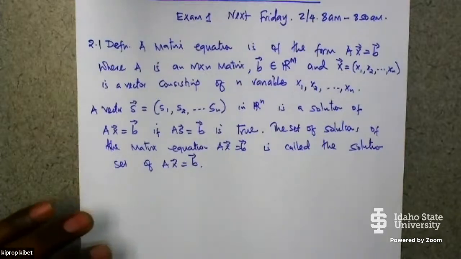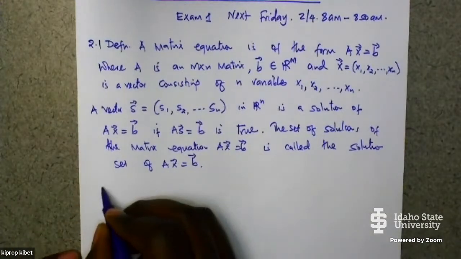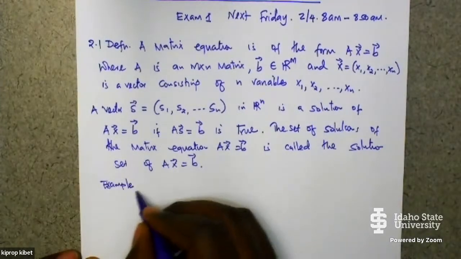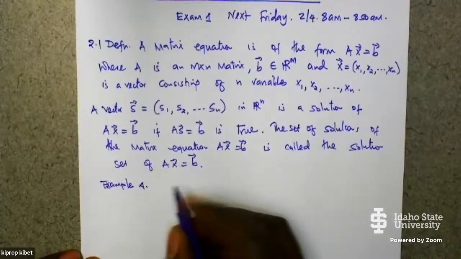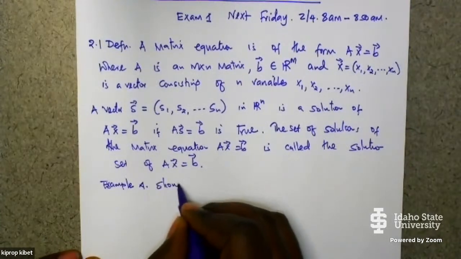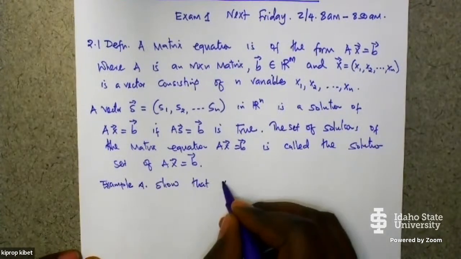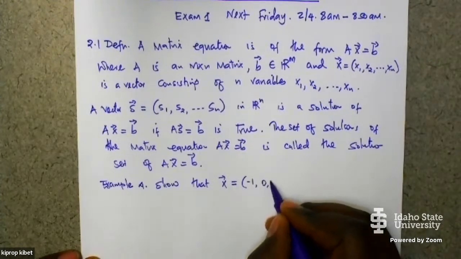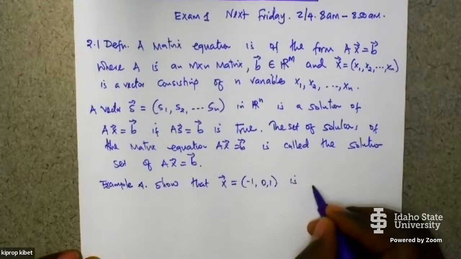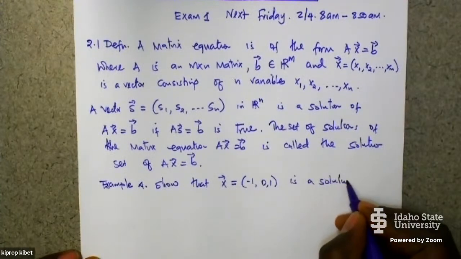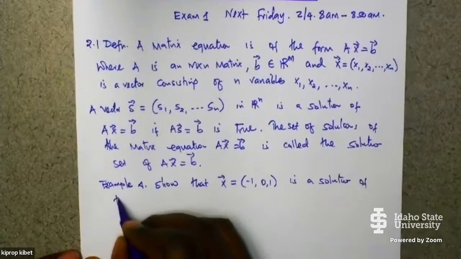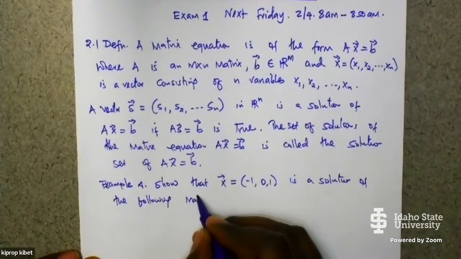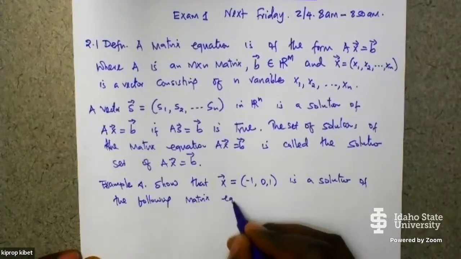Okay, now let's look at example number 4. Show that the vector x equals -1, 0, and 1 is a solution of the following matrix equation.